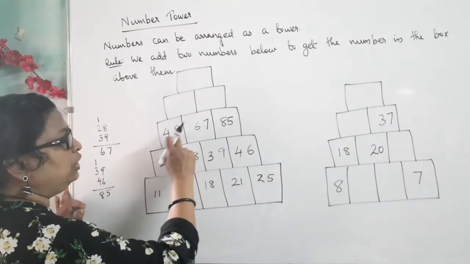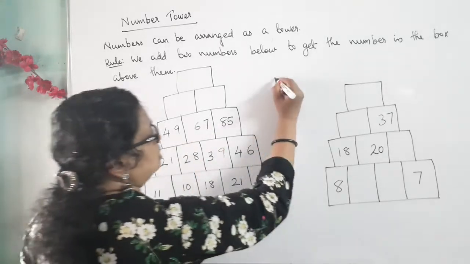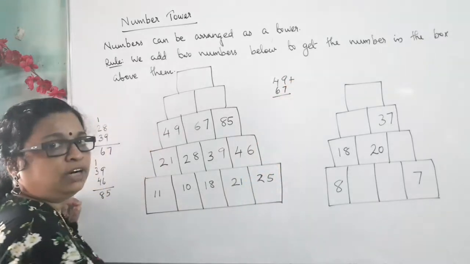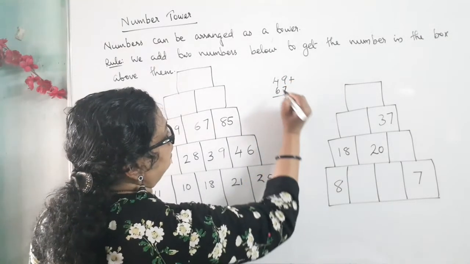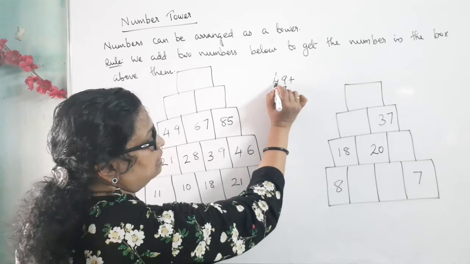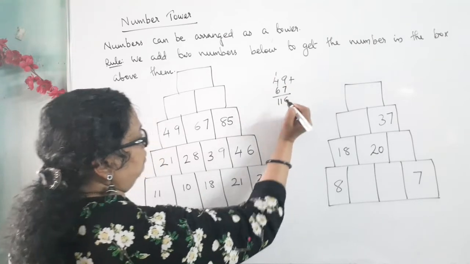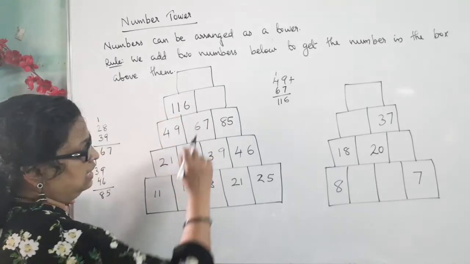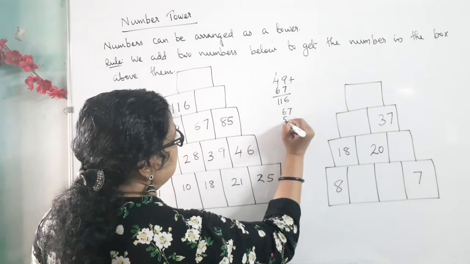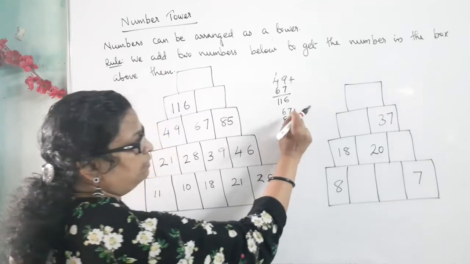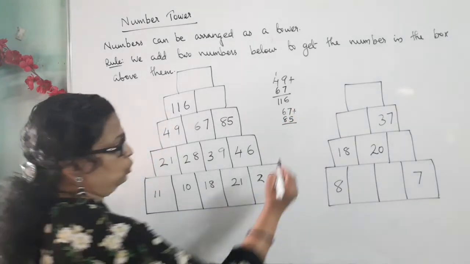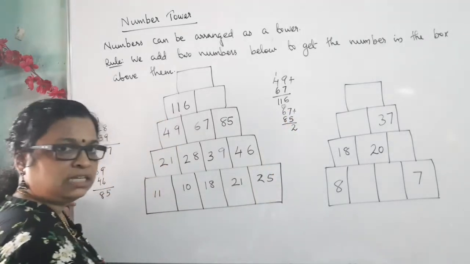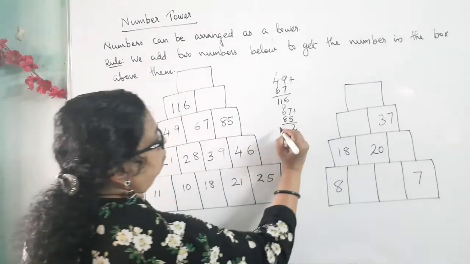Okay, then 49 plus 67. So 49 plus 67. Then 9 plus 7, what do you get? 16. Then 1 carrying, 6 plus 4, 10 plus 1, 11. So this we add and then we get 116. Then 67 plus 85. 7 plus 5, yes, 12, 2, 1 carrying, then 6 plus 8, 14 plus 1, 15.